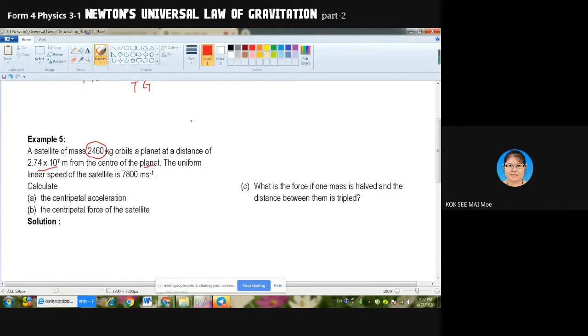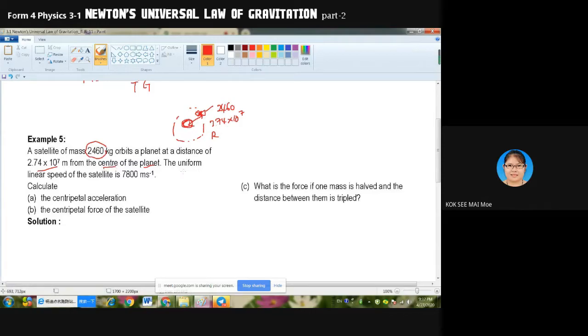So this one is a planet, and there's a satellite in orbit, with mass 2460. The radius from the center of the planet is 2.74 times 10 power of 7. They give you the radius plus the distance together, since they say from the center.